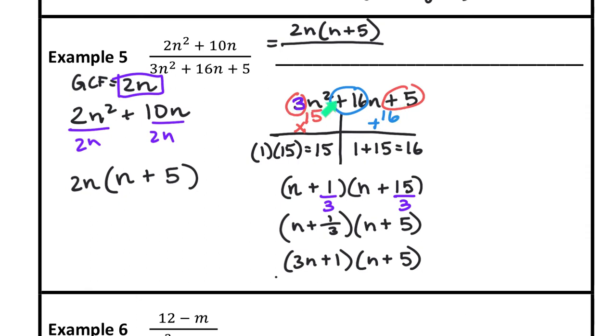All right, so all of this on top became 3n plus 1 times n plus 5. So I'm going to copy that on the top over here. So it's 3n plus 1 times n plus 5. And what do you know?